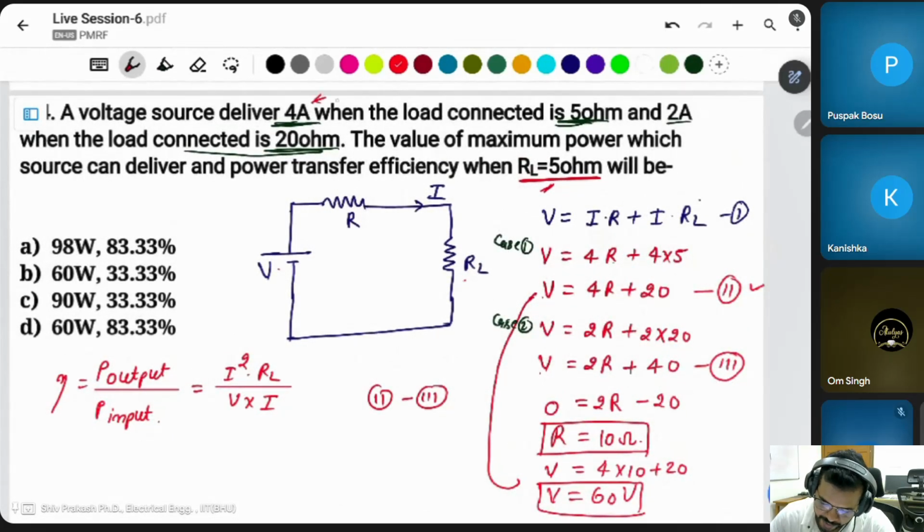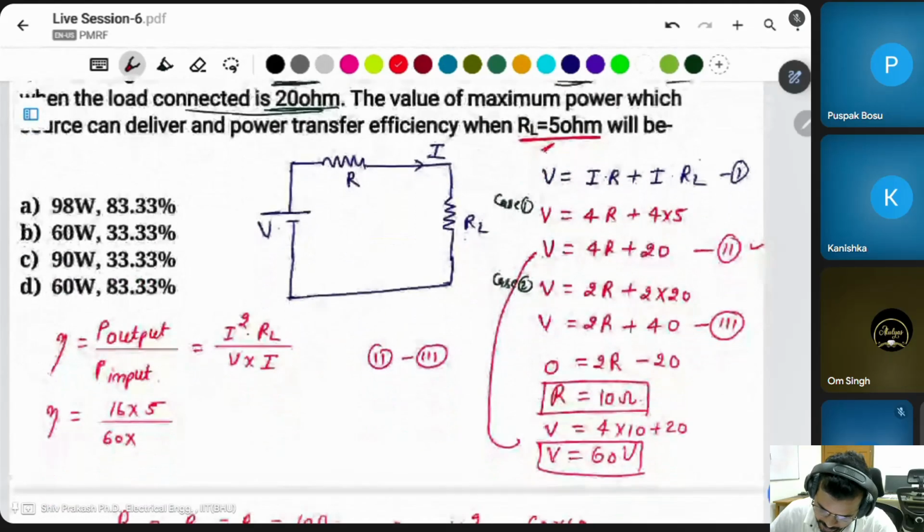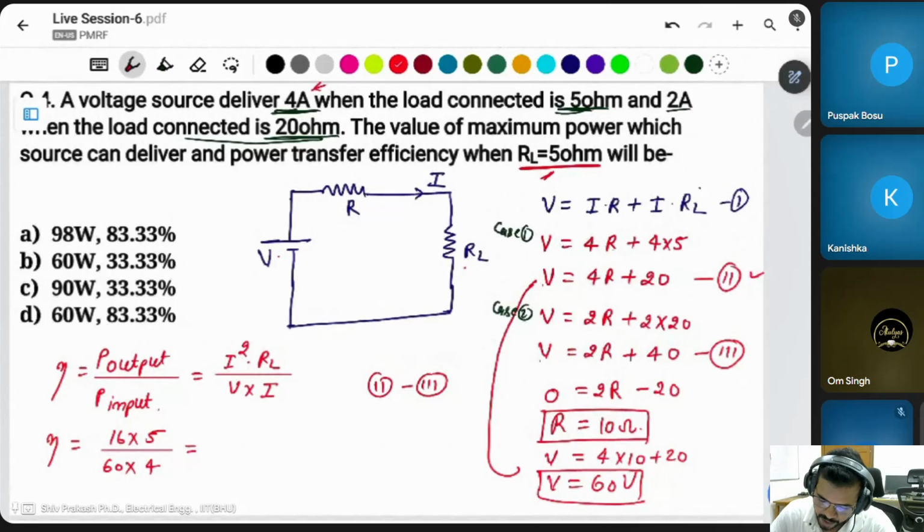Current flowing is 4 ampere. Then what is the power? 16 into RL, which is 5, divided by the total power, which is 60 volt into, in that case, I equal to 4 ampere.